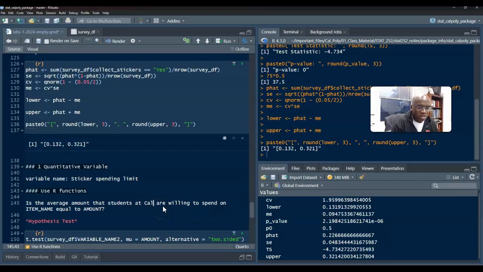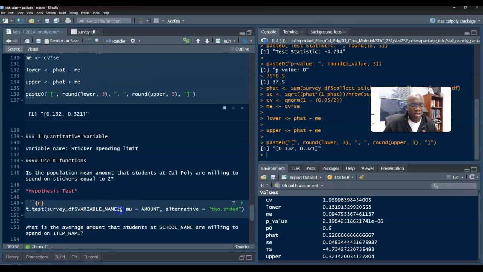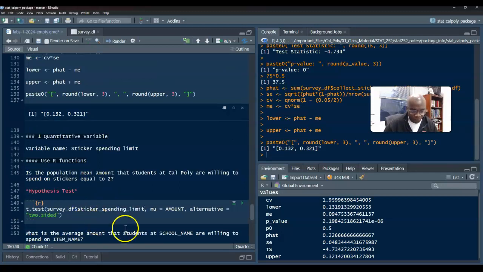Actually, if you look at this, the question is not correctly stated because it should say: is the population mean that students at Cal Poly are willing to spend on stickers equal to 2? Again, I'm going to extract the variable here.